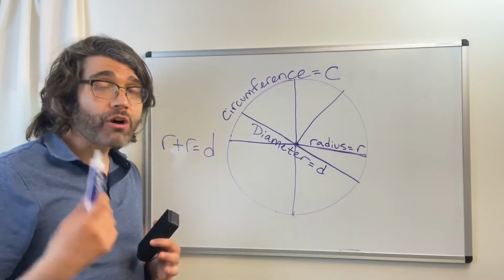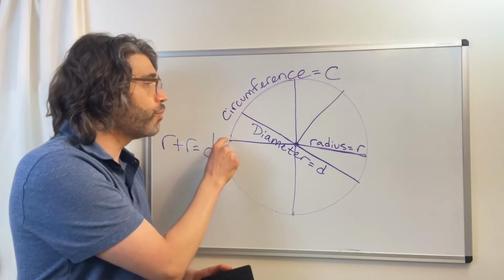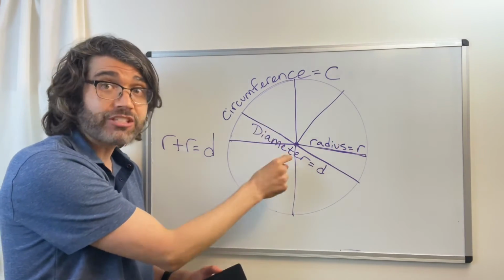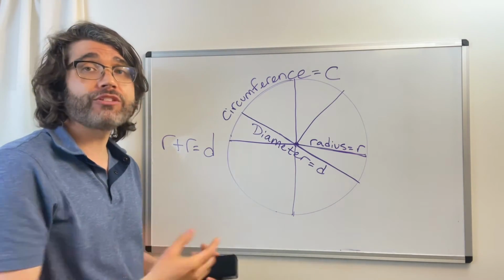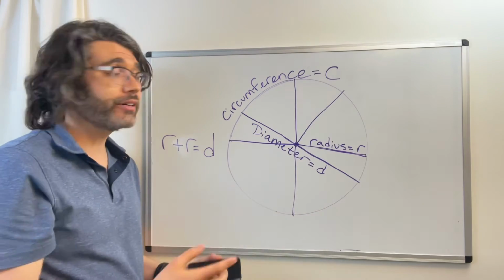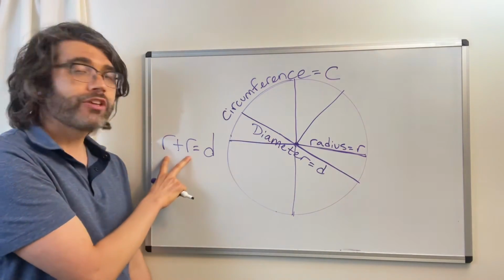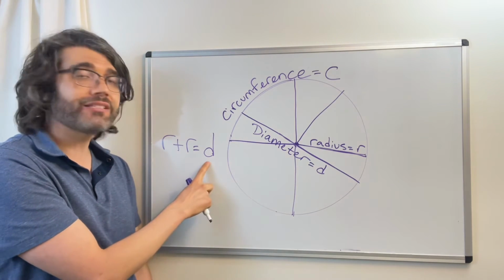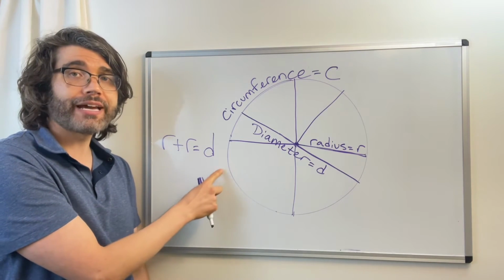And if we have also said that a diameter is a chord, a line that goes from one edge of the circumference to the other, but has to pass through the center, then the diameter is just another way of saying 2 radii put together in a straight line. So that is why if you add the distances of 2 radii, you will get the distance of 1 diameter. 2 radii equal 1 diameter.